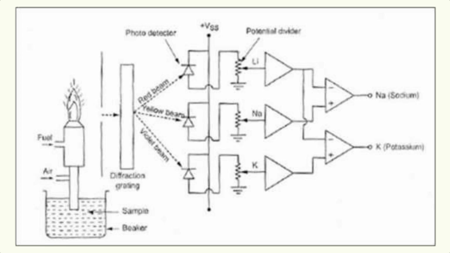So, depending upon the light rays diffracted from the filter, red is for lithium, yellow is for sodium, and violet is for potassium. They are absorbed by the photodetector, followed by the potential divider, where we get the sodium and potassium at the output of the op amps.